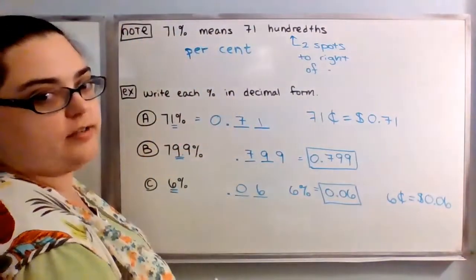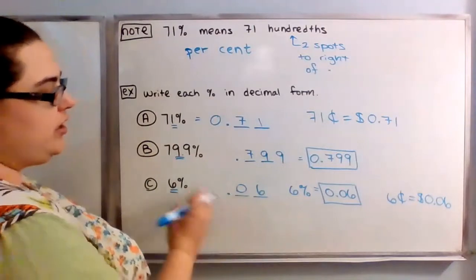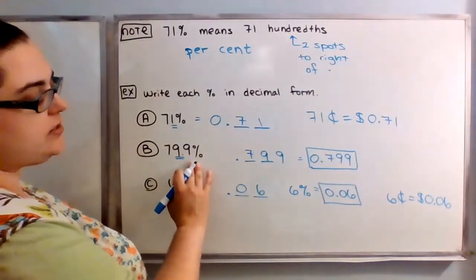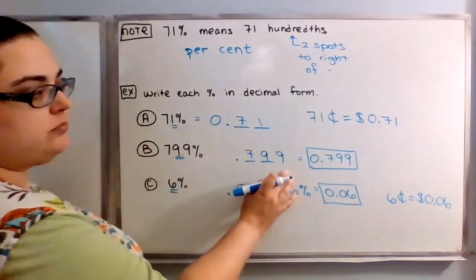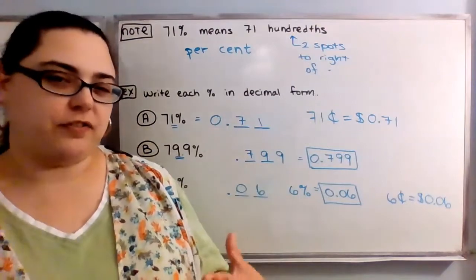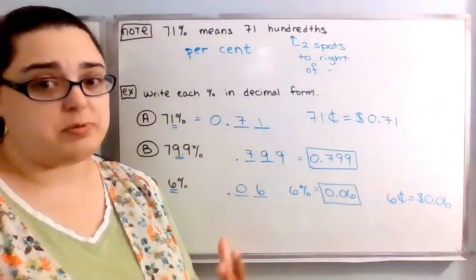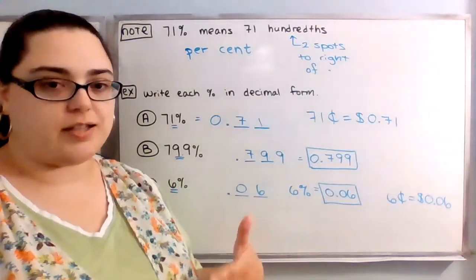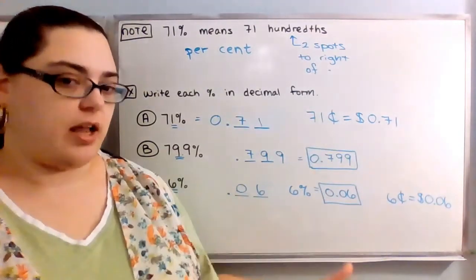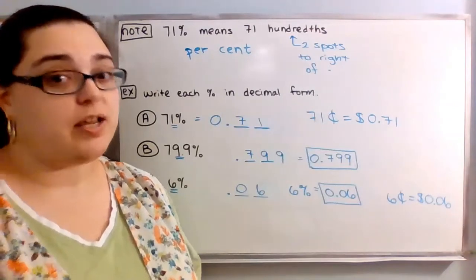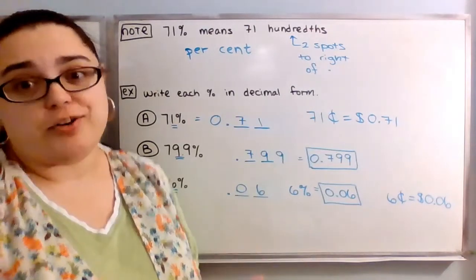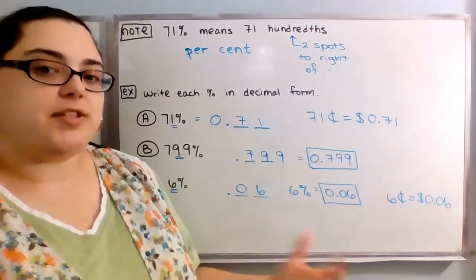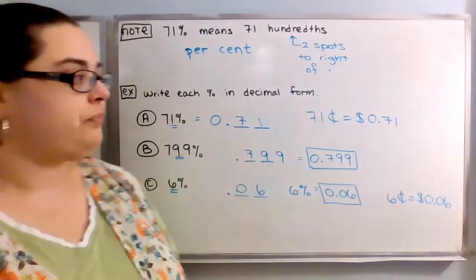And same thing here, 79.9 cents would be $0.799. So if you've worked with money a lot, you can think of percentages the same way you think of cents, going from cent notation into dollar notation. It's the same concept because cents are hundredths of a dollar and percent means per hundred.